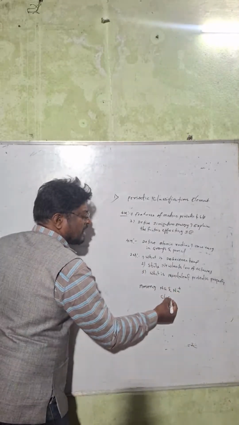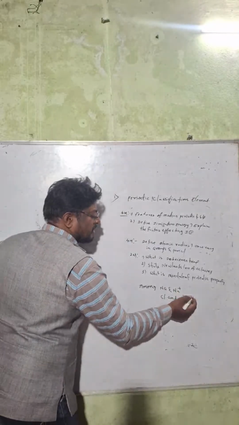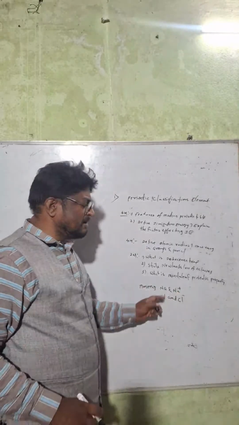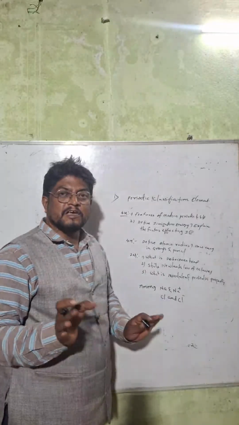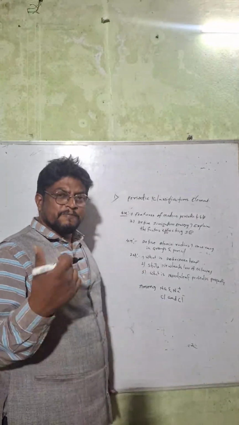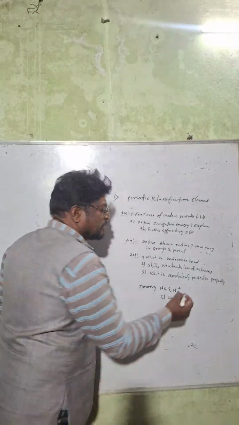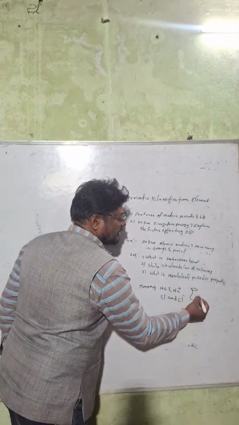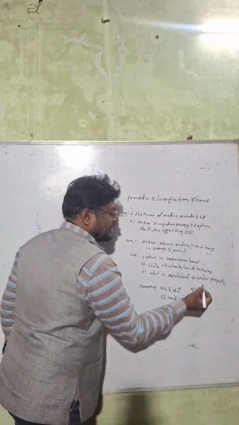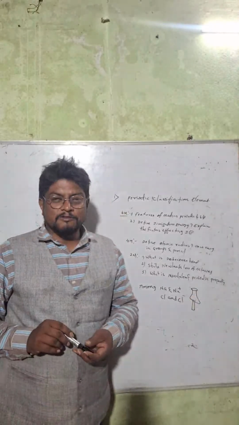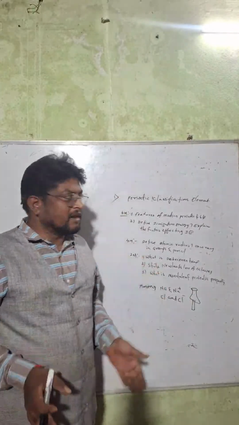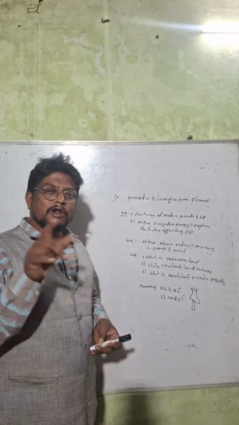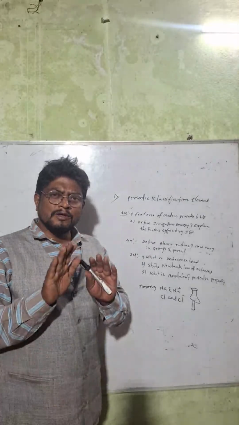Among Cl and Cl-, which has the greater radius? Explain the reason. This is a pinpoint question. A pinpoint question means it will be repeated exactly tomorrow in the examination. So focus. If you read these questions now itself, you will surely get 40 out of 40 marks in the annual examination.